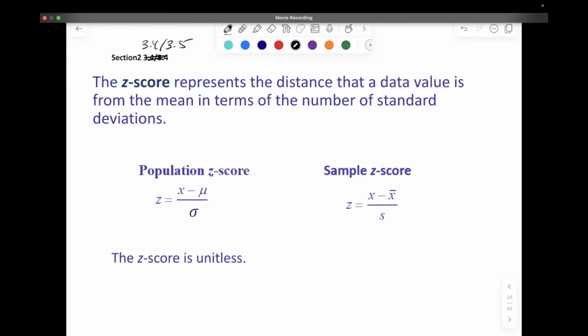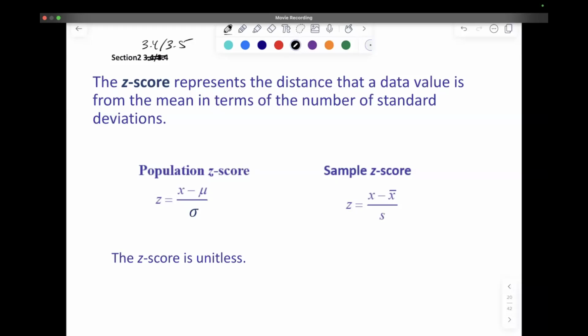Okay. So we are at sections 3.4 and 3.5. In your book, obviously they're two separate things, but the assignment is one assignment, so I'm keeping them together. First we're going to talk about z-scores. A z-score is how many standard deviations a data value is from the mean. It tells you the distance that data value is from the mean.